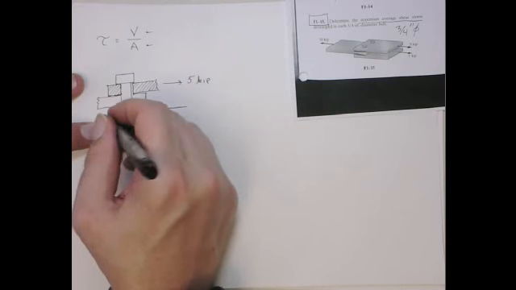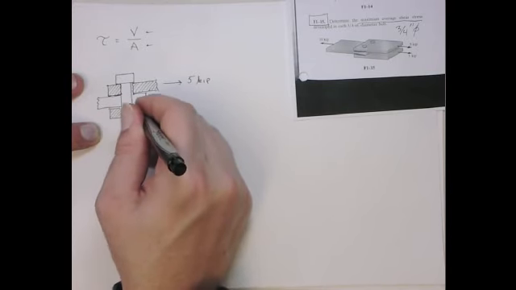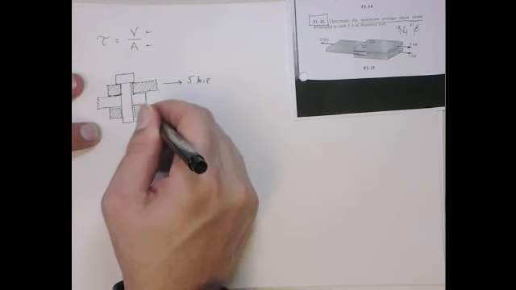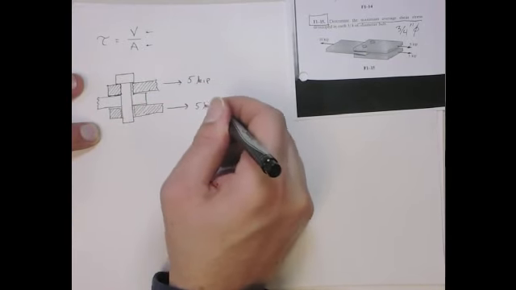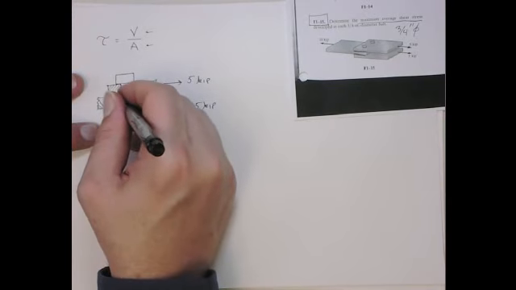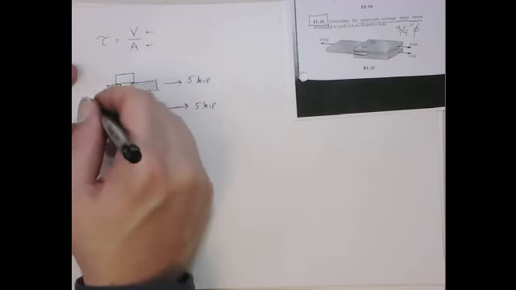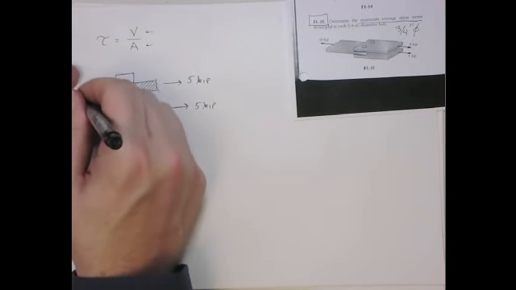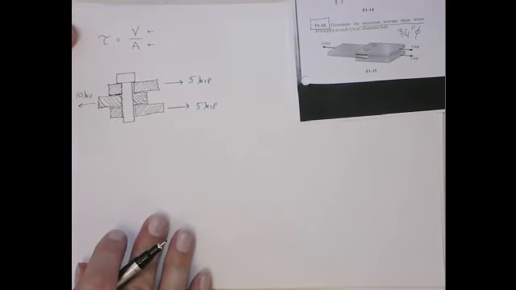And then here's the bottom plate, also with the 5 kips. And then here's the middle plate. For some reason I can't draw hatches in this direction as nicely. And then here's the 10 kips that my hand's blocking. Okay, but there you go.